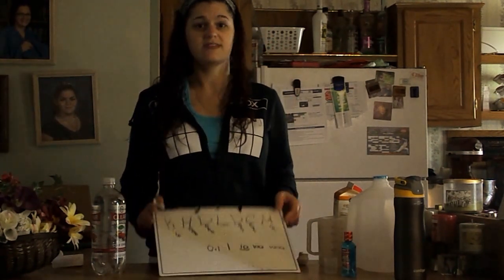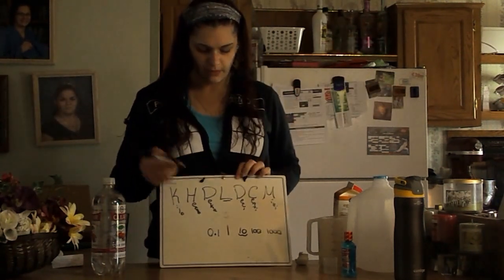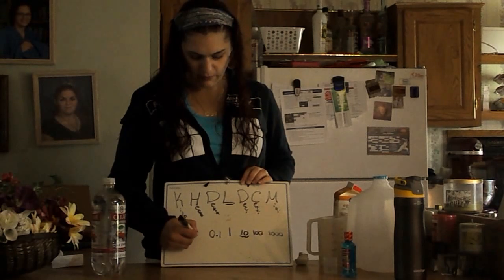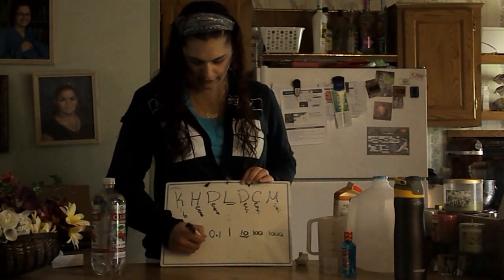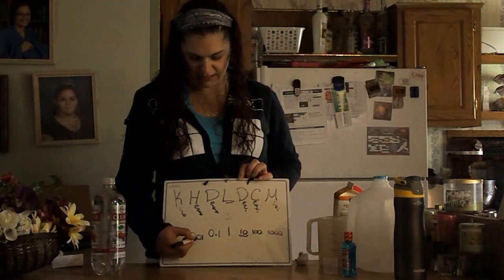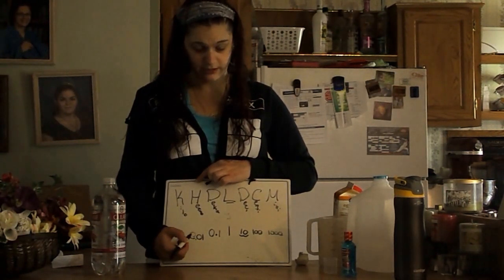However, when you think kiloliters, you should think big, like really, really big. So if we keep moving this way on the chart, we'll see that there are 0.01 liters in 1 hectoliter.